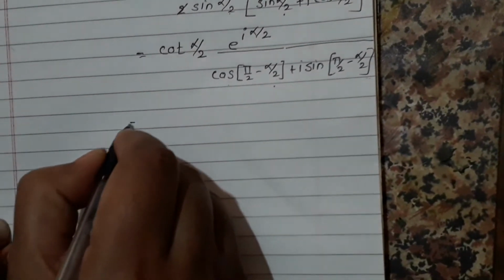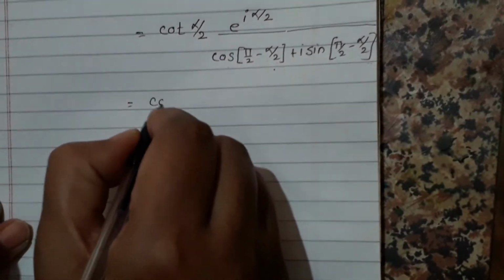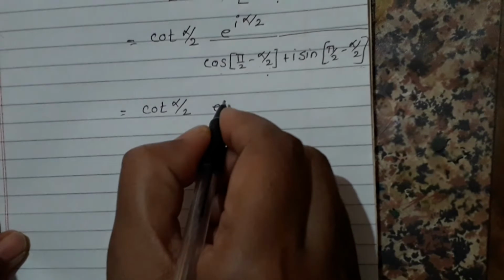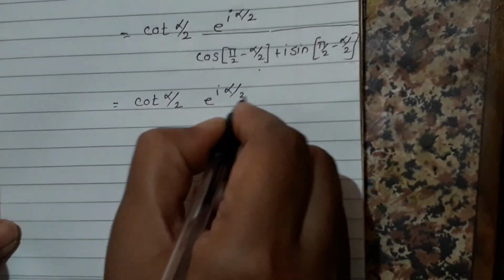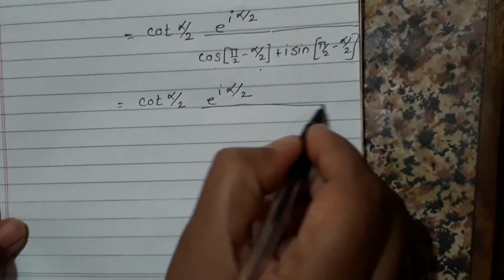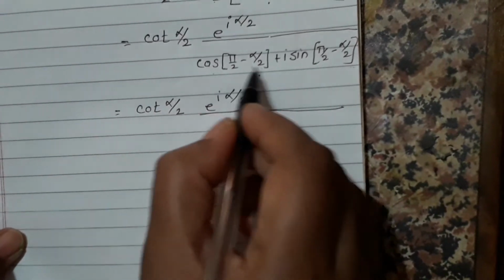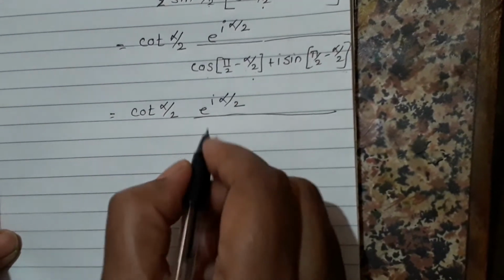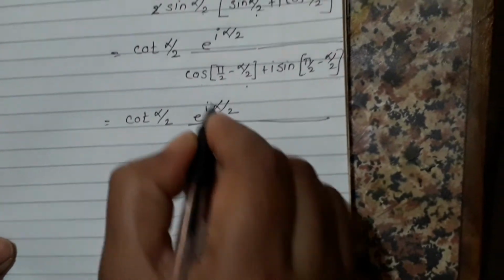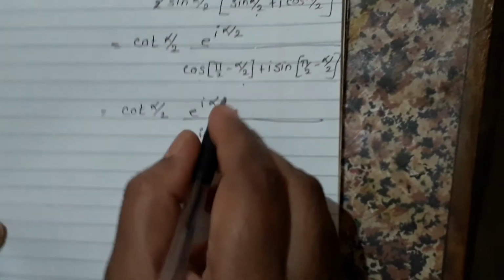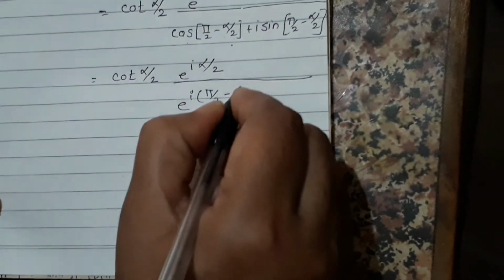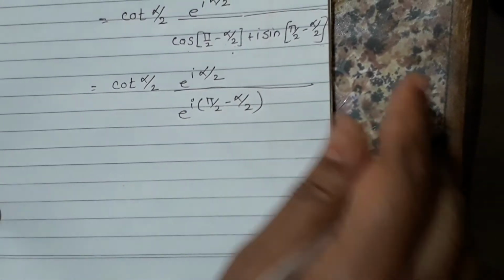So again we simplify that. There is cot alpha by 2 as it is, e raised to i alpha by 2 also as it is. What about the denominator? As it is in the form of cos theta plus i sin theta, it is in the form of e raised to i theta. So e raised to i, in place of theta there is pi by 2 minus alpha by 2.